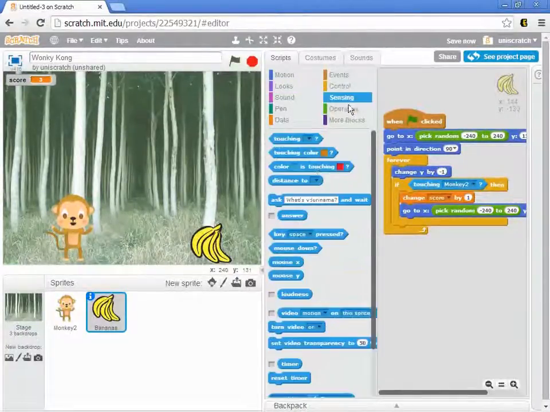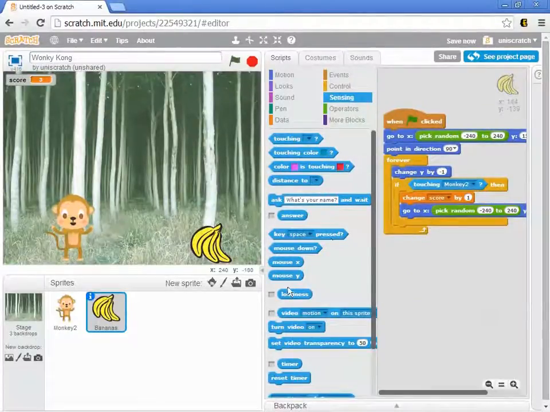We went in and used sensing, and we asked if the bananas are touching a particular color. You saw this in the maze. The bees were looking for the color of the finish line, and then the game was over. In the Pong game, there was a red line across the bottom, and if the ball ended up touching the color of that red line, then the game was over. And that's okay. Scratch does that a lot.